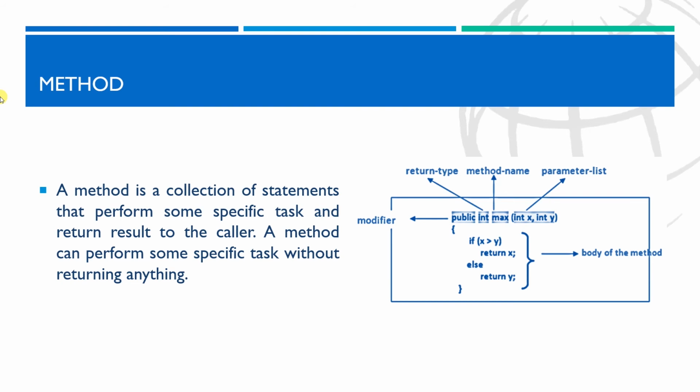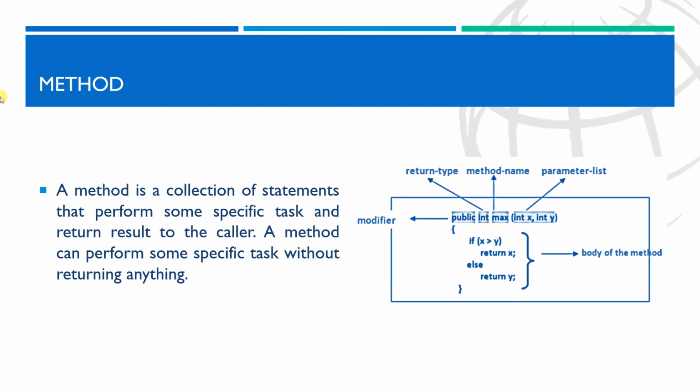The first component is the access modifier, which defines the access type of the method, or in other words, from where it can be accessed in your application. And particularly in Java there are 4 types of access specifiers.